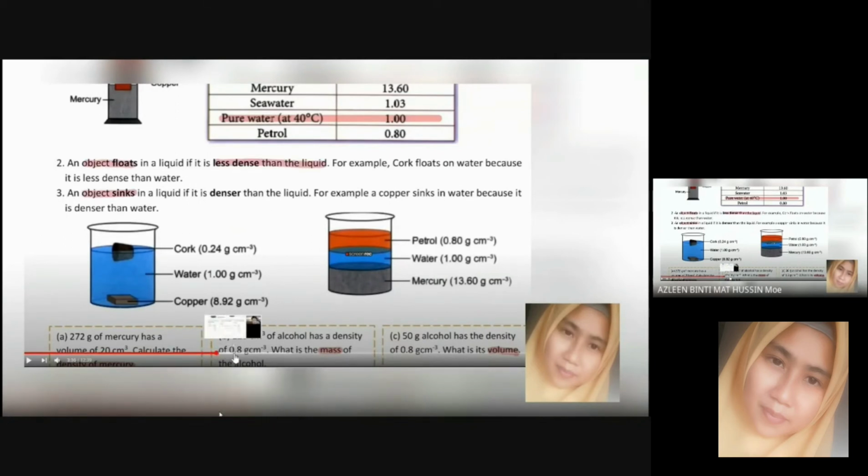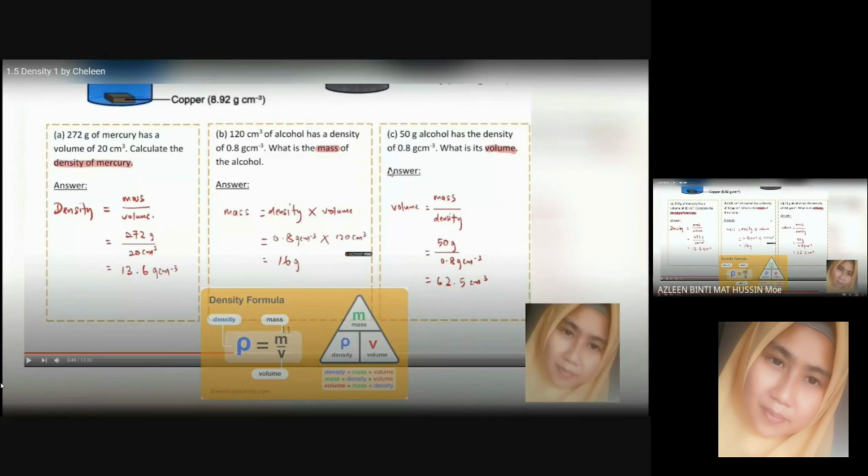Now I'm going to draw your attention to questions. Normally questions come like this. There are three types of question. Sometimes the question needs you to find density, sometimes mass, and sometimes volume. Just refer to the pyramid just now.